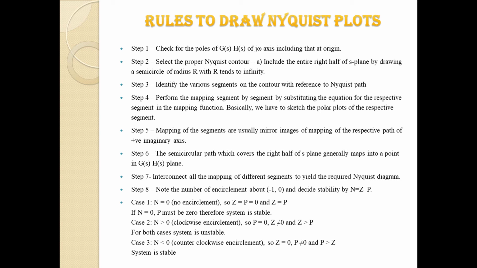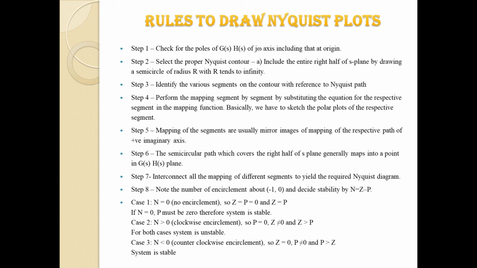First, when n is equal to 0, that means there is no encirclement. So, when n is equal to 0, then Z is equal to P, and P must be 0 for the system to be stable.